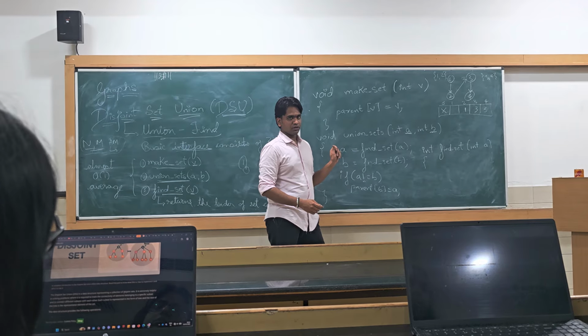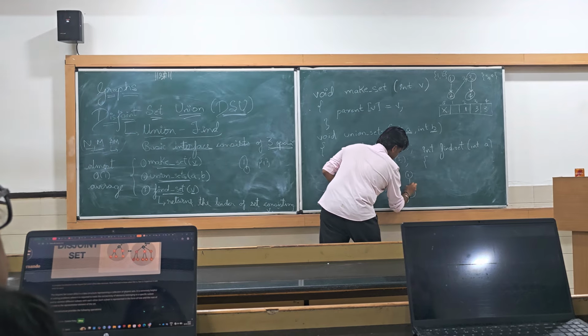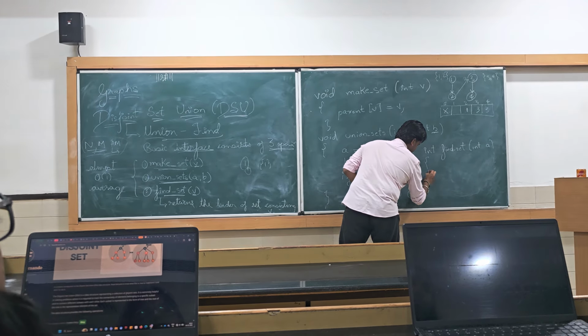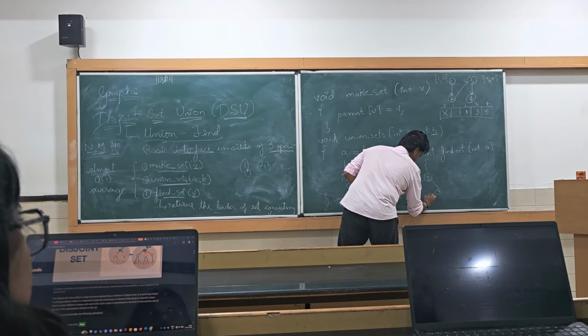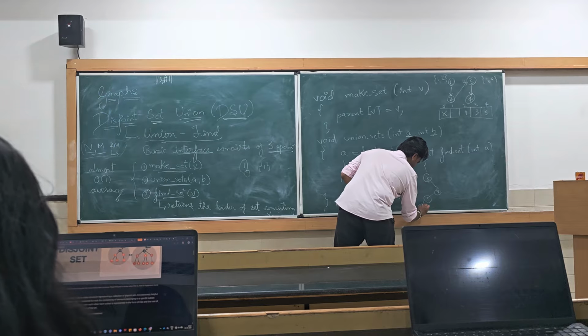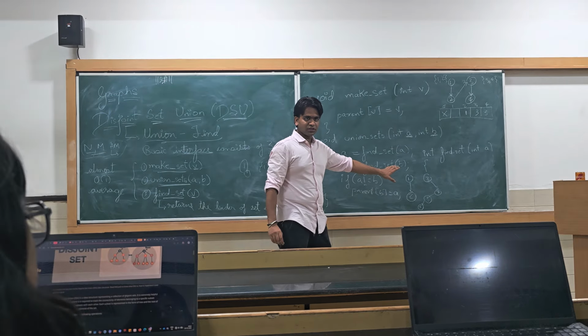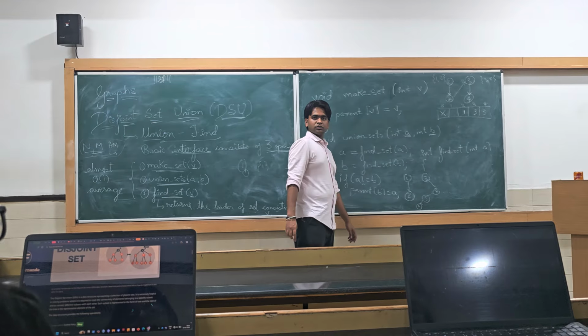Are you getting my point? Let's say I have something which looks like this. Two different sets. I am trying to perform union of, let's say, 2 and 6.